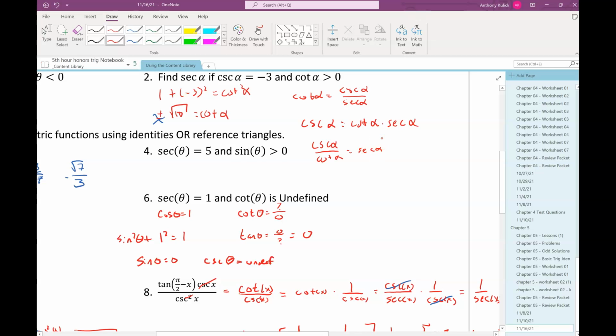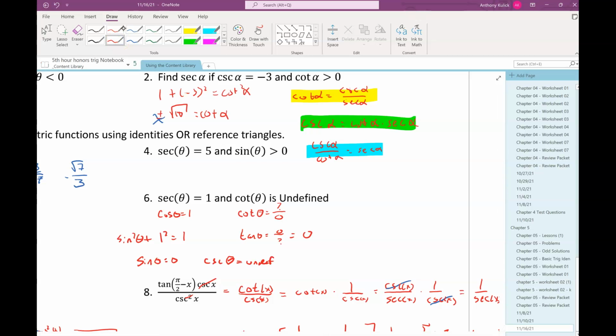Cool with that? So I took this equation and multiplied both sides by secant to get to this. And then I took that equation, divided both sides by cotangent to get to that.